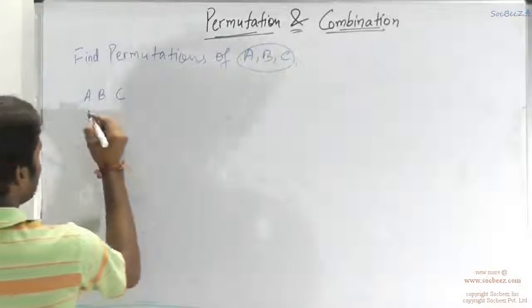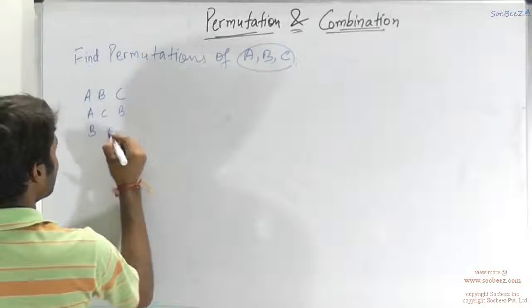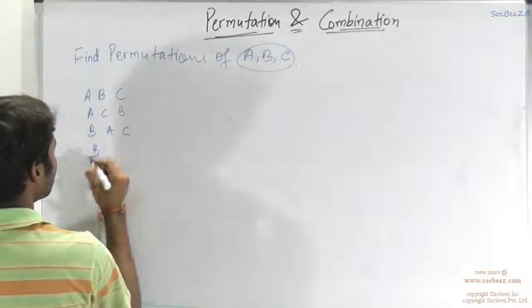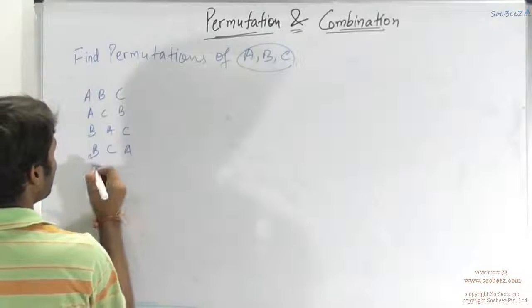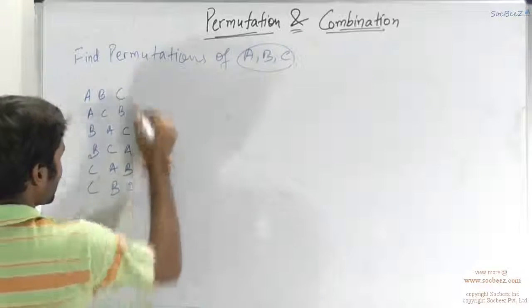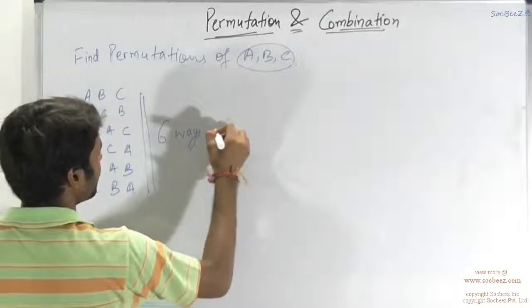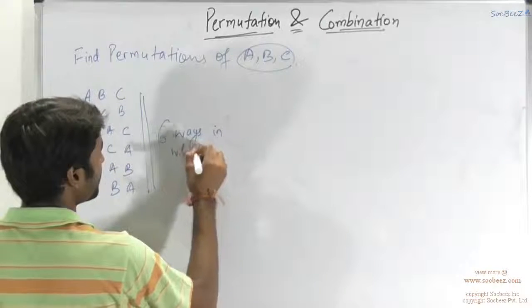So it could be ABC, ACB, BAC, BCA, CAB, CBA. So these are the 6 ways in which it can be done.